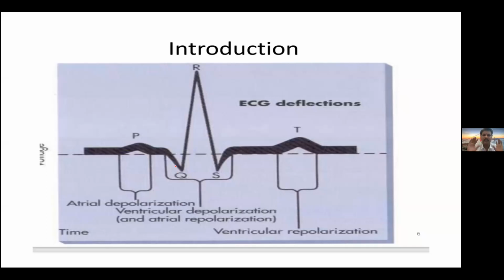Because the ventricle is more powerful and the QRS is much taller, we won't be seeing any repolarization of the atrium. That is the reason why only the P wave depolarization is seen, and the atrial repolarization is not seen, because the QRS is very powerful and ventricular depolarization is happening at that time.